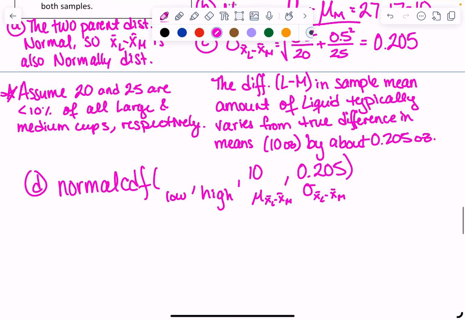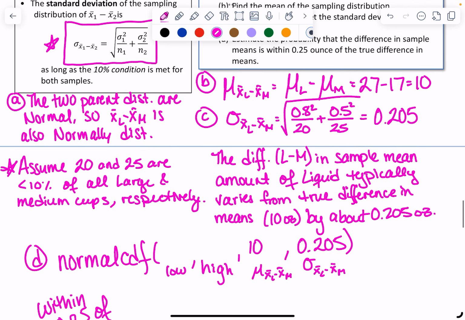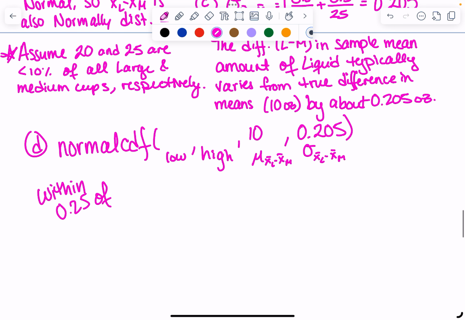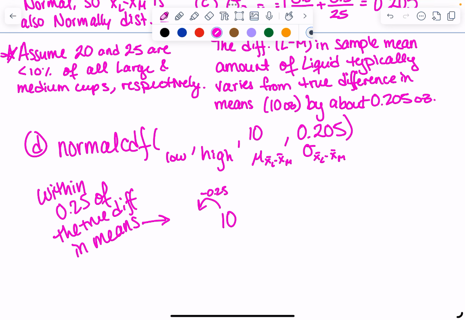Now it's said to be within 0.25 of the true difference in means. So what does this really mean? Our true difference was 10, so we're going to go 0.25 less to find the low.